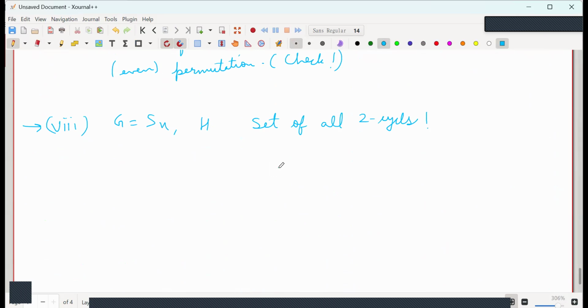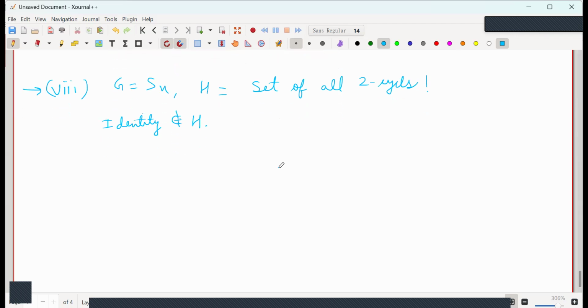So, of course, identity is not there. And sir, the product of two even permutations is odd? Is it, sir? The product of two even permutations is again an even permutation. So the product of an odd number of odd permutations is odd.